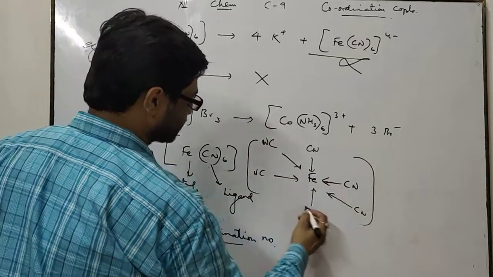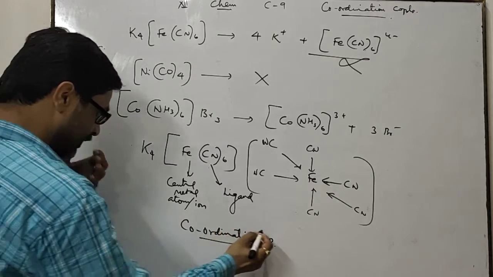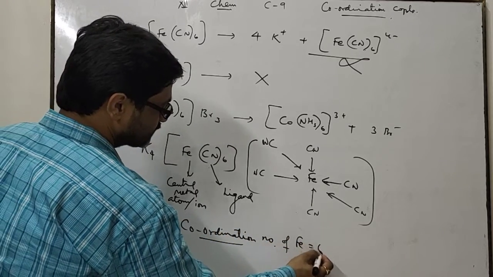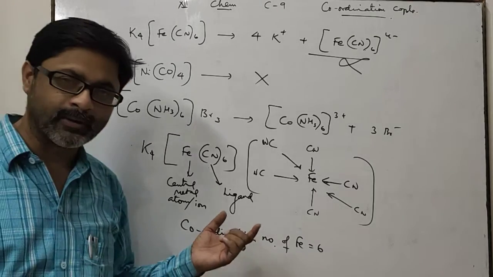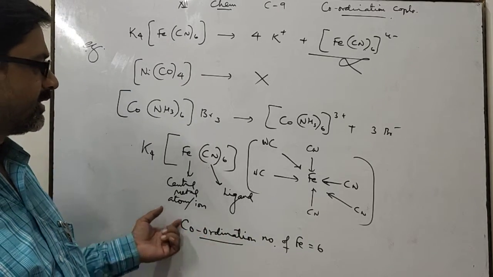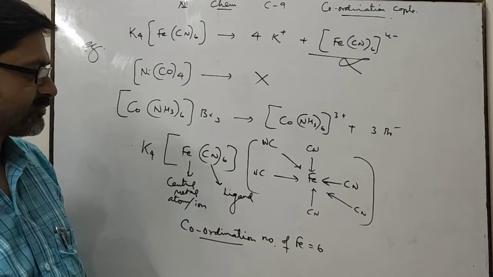Total 6 coordinate bonds are present. Hence, the coordination number of Fe is 6 in this figure. The total number of coordinate bonds formed by the central metal is called the coordination number of that central metal.